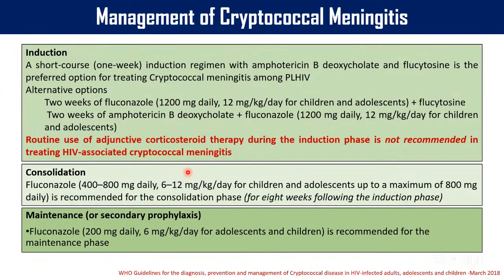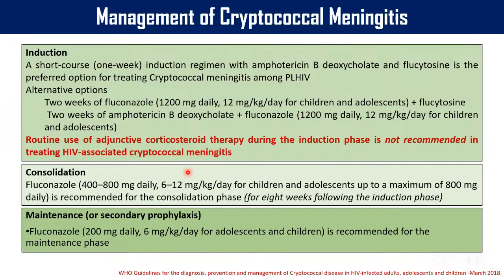So in cryptococcal meningitis, the treatment consists of 3 phases: induction, consolidation, and maintenance, or a prophylaxis phase. In the induction, there are various options we have. We can give amphotericin B with flucytosine, short course for 1 week, and then we can shift to consolidation. Other regimen is 2 weeks of fluconazole and flucytosine, sometimes because amphotericin B may not be available, costly, not tolerable.